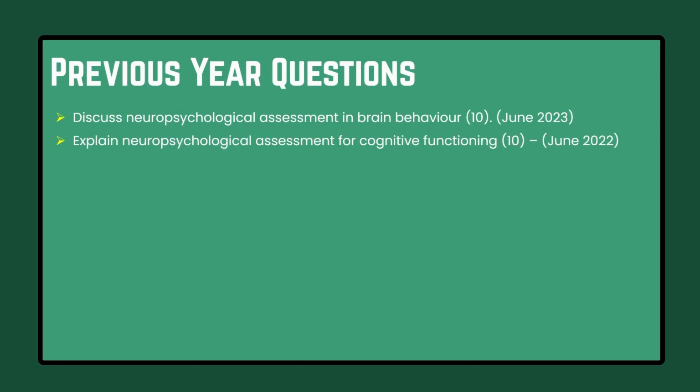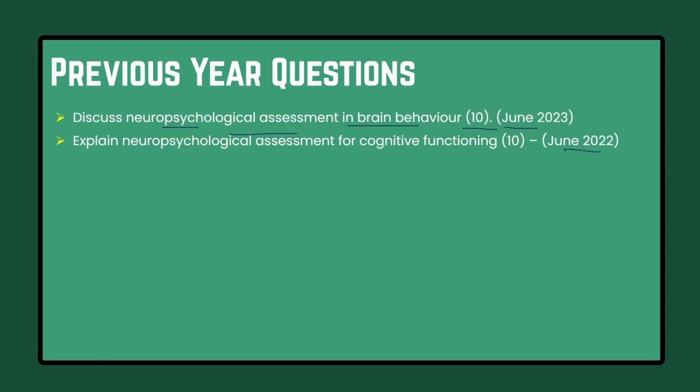Let's look at the previous year questions. There were not many years when this question came, but it did come recently in 2 of the term end examinations. The first one was June 2023 and this question came for 10 marks. Discuss neuropsychological assessment in brain behavior.